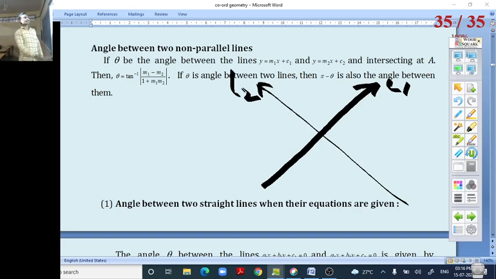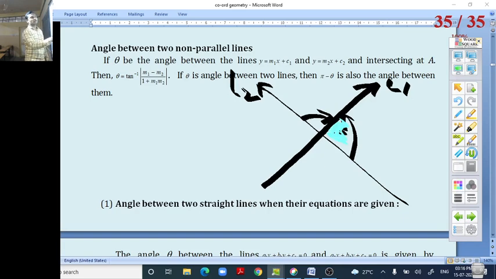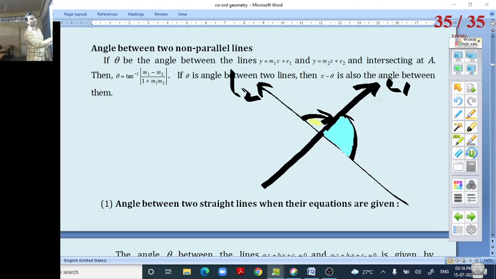Now there exist two types of the angle between them. This is one of the angles and this is one more type of the angle. We can observe the shaded portion of this, then you will understand this is a particular angle.